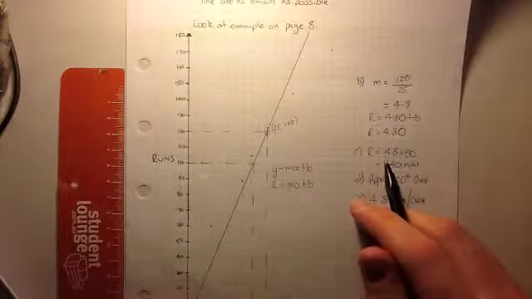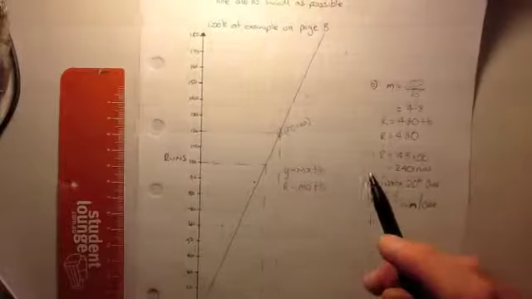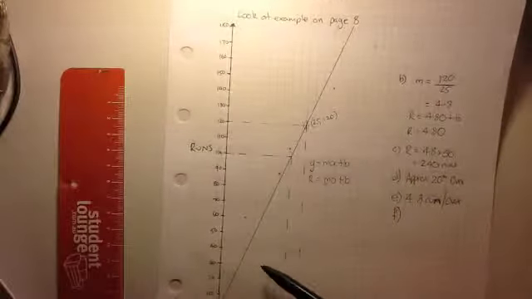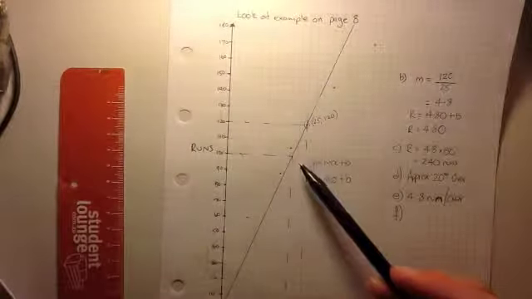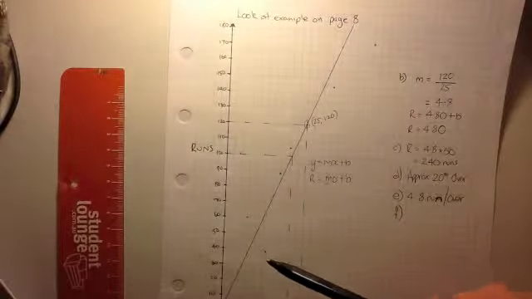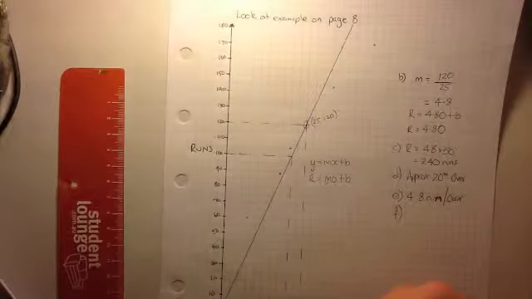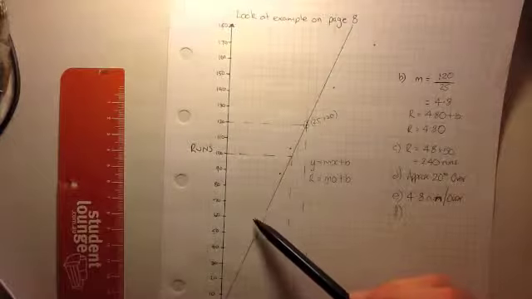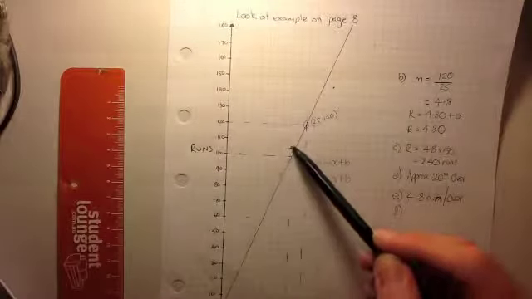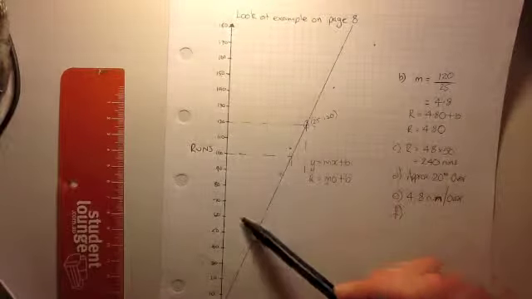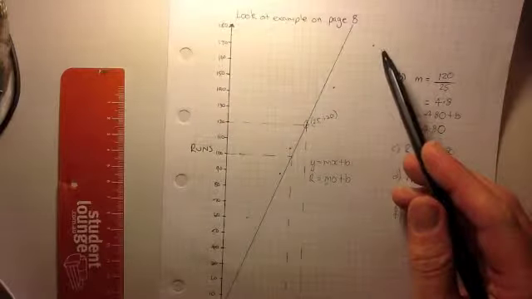Question F asks us, what are the limitations of this model? So what are the problems with a line of best fit? A line of best fit is only an approximation of the data. Here we can see it only uses some of the data points. It doesn't take into consideration everything.